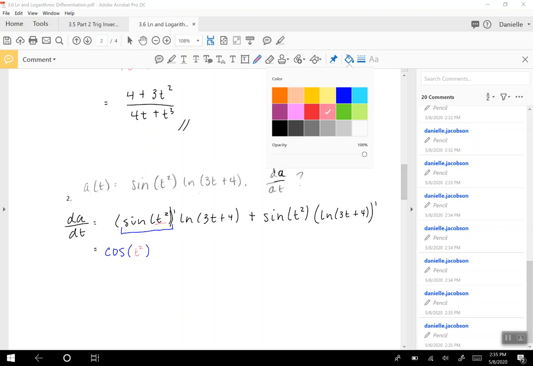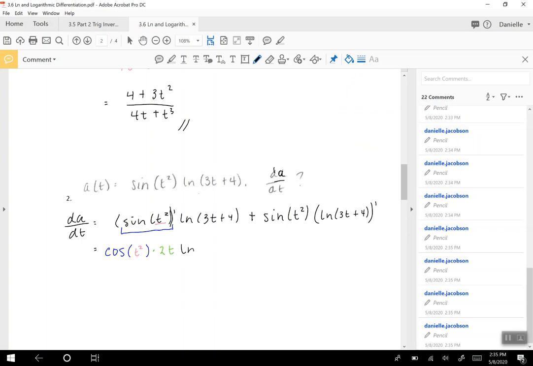Then multiply by the derivative of the inside, and the derivative of t squared is just 2t, so that's times 2t. I'll rewrite the natural log, so times the natural log of 3t plus 4. Rewrite the plus, rewrite the sine of t squared. That doesn't look very nice.